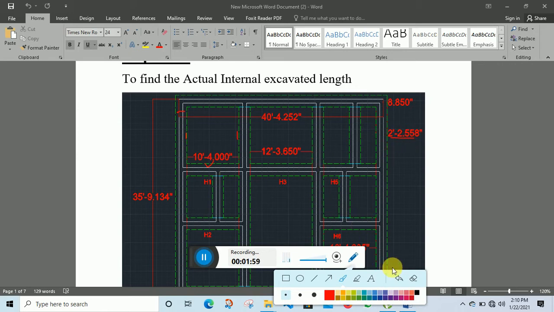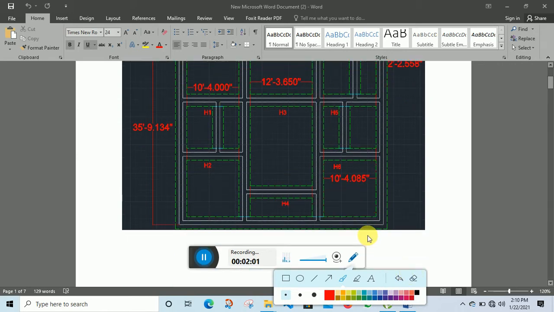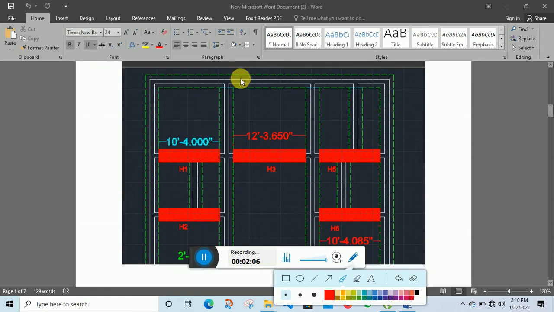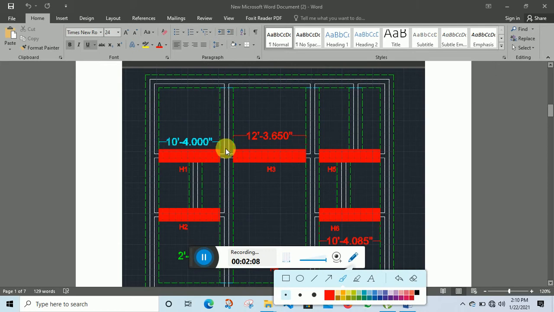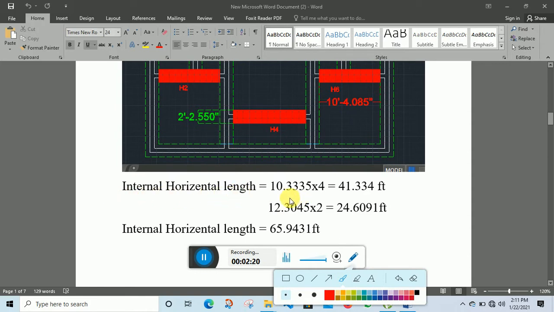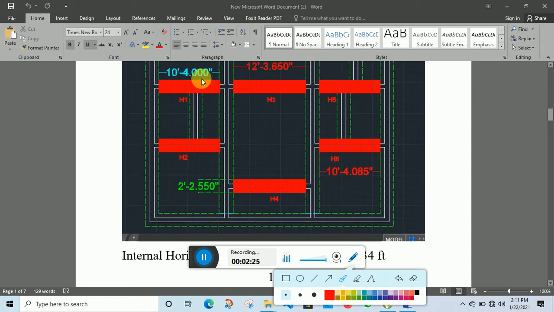Now look at how to calculate this in this slide. The internal horizontal length is from here to here. I shaded the internal walls to get the actual length. For this, I calculated the internal horizontal length as 10.335 inch multiplied by 4, because h1, h2, h5 and h6 have the same dimension, therefore I multiply by 4.